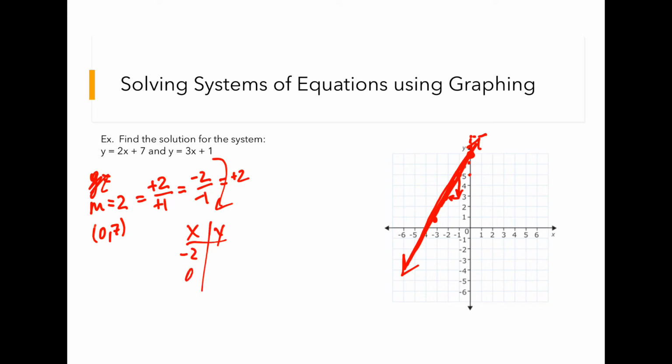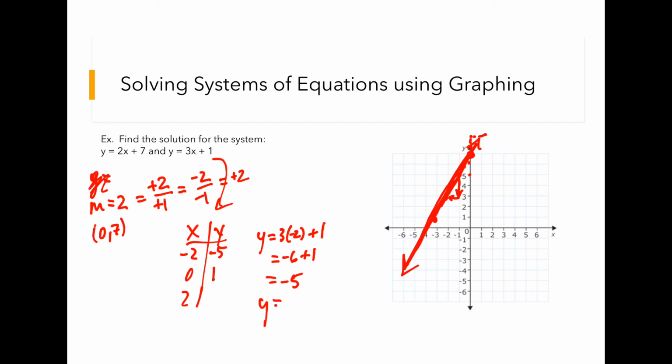I like to stick with some consistent points that I generally plug in. So plugging in negative 2 for x, that gives me 3 times negative 2 plus 1. So that's negative 6 plus 1, which is negative 5. And then 0, of course, is going to give me 1.